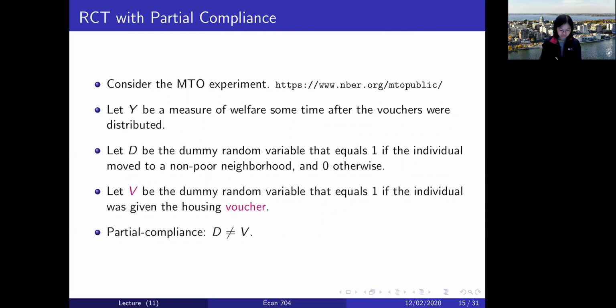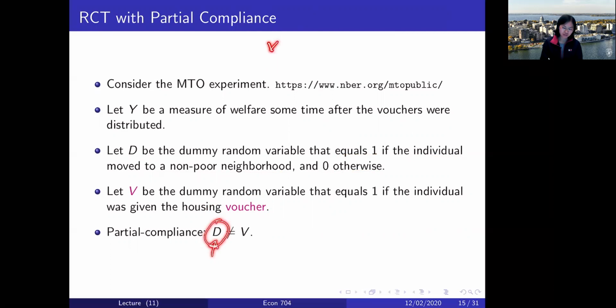However, we have something that is randomly assigned. That is the housing voucher in the MTO experiment. The housing voucher assignment is not equal to moving. D is moving. It equals 1 if the individual moves to a non-poor neighborhood and 0 otherwise. The effect of moving is what we care about.